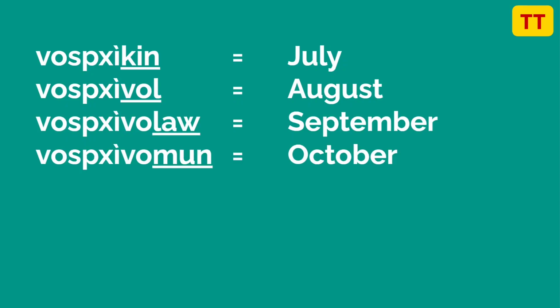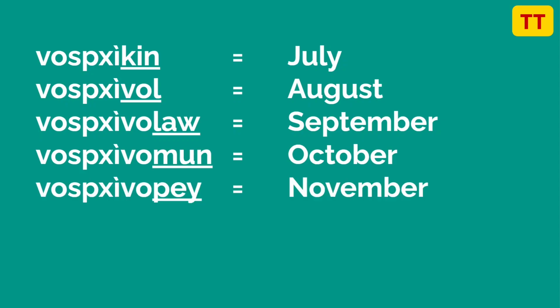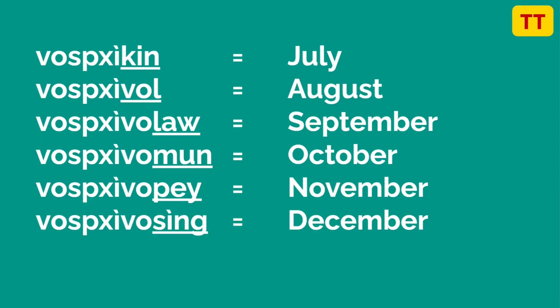Was moon, October. Was bay, November. And lastly, was sing, December. So if you know the numbers, then this should be rather easy for you. So you just have to remember the word for was month and then the numbers. And sometimes it gets a bit shortened, but it's all pretty simple, I'd say.